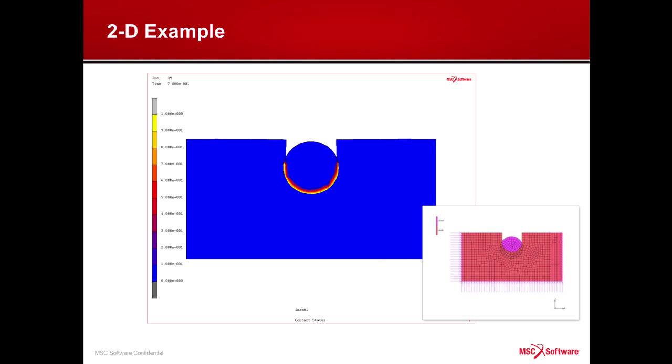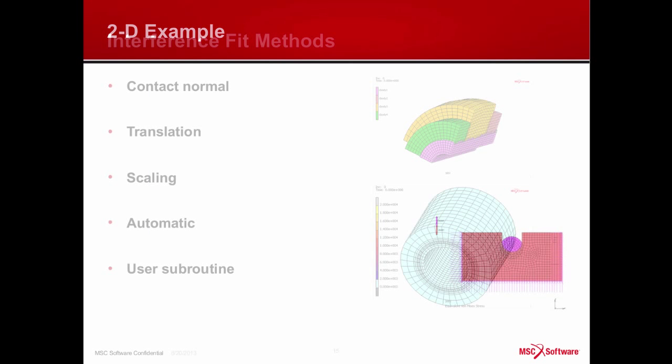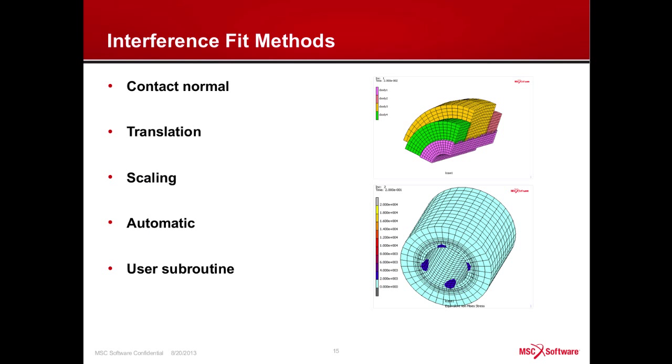And there is no single approach that could address all types of interference, so several options are made available. One is for generally smaller values of interference along the normal direction of the touching surface, and the user can control the number of increments or even the time during which the interference fit can be achieved.